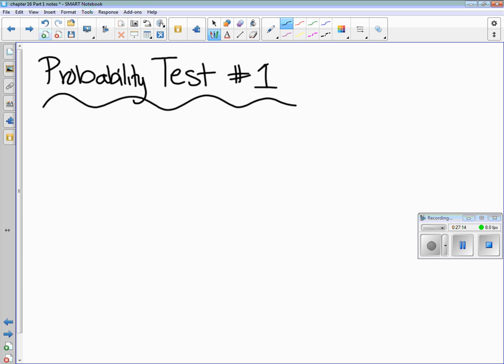You'll have a probability test 2 in January after the winter break. But on this test, you can see you're going to be doing the addition formula. What is the addition formula? What do I mean by that, by the way?